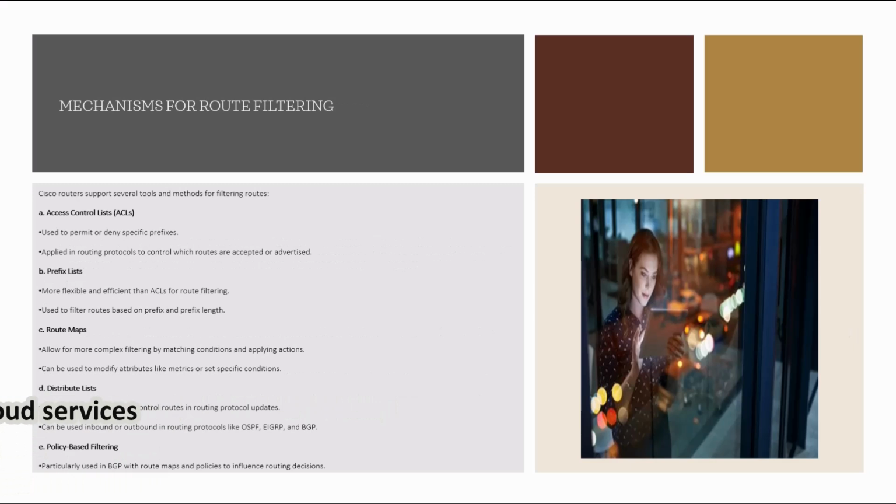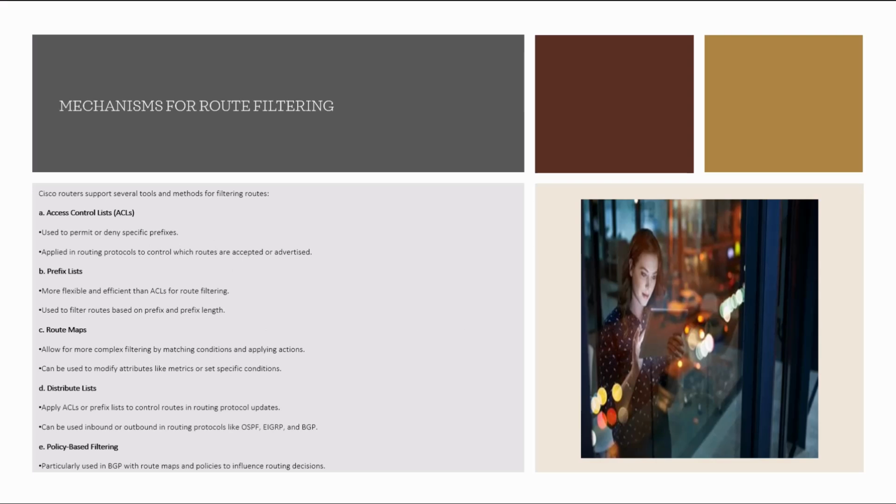Now let's discuss the mechanism for route filtering. Since we are mainly talking about Cisco routers, and all other brands of routers, I think, will support the same type of methodology when it comes to route filtering. Cisco routers support several tools and methods for filtering routes.